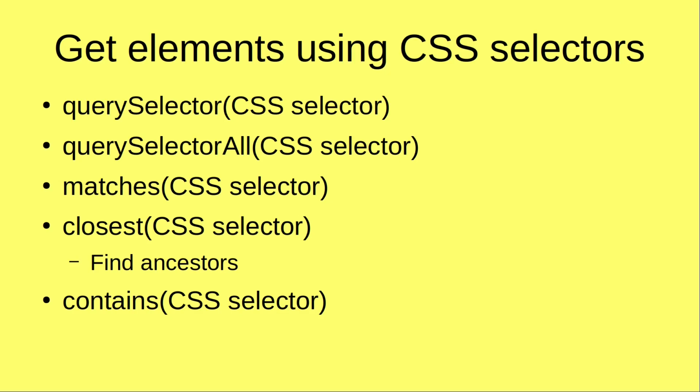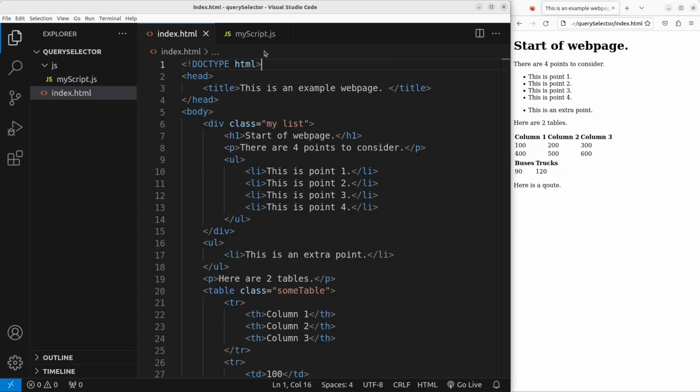I'm also able to see whether a selector matches a selector in the DOM tree. I also have a method called closest, which helps me find the ancestors. And finally, I'm going to discuss a contains method that is used to see whether a given element really contains other selectors.